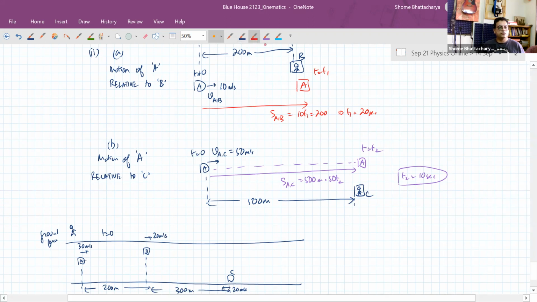So at, for example, t equal to 10 seconds, A would be somewhere here and C would be here.